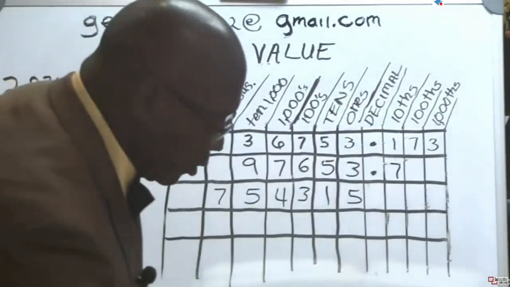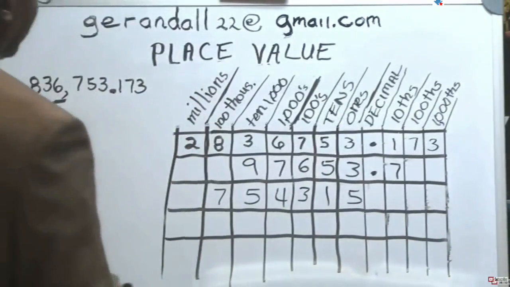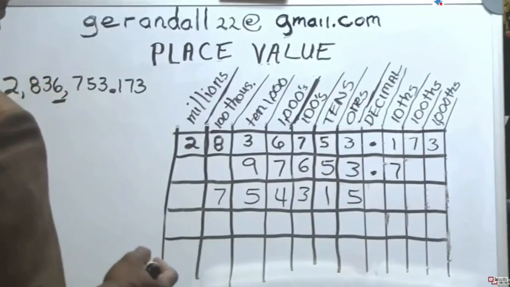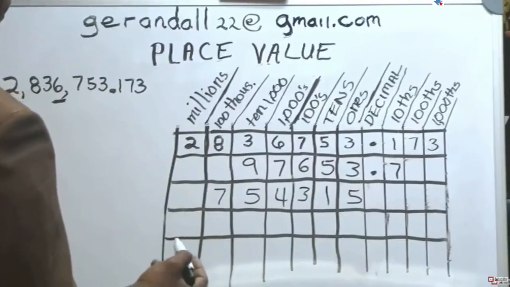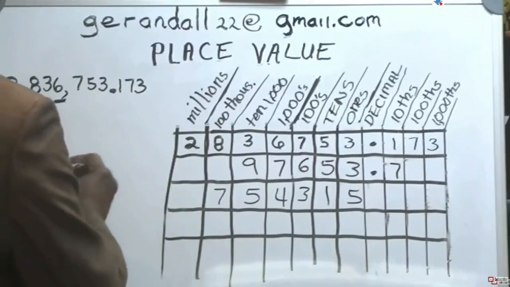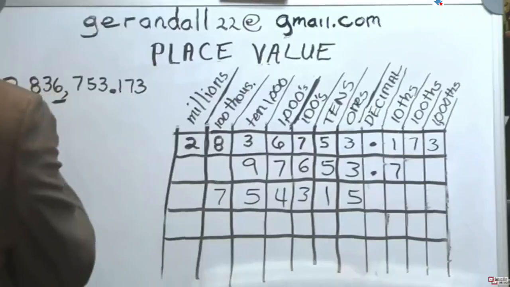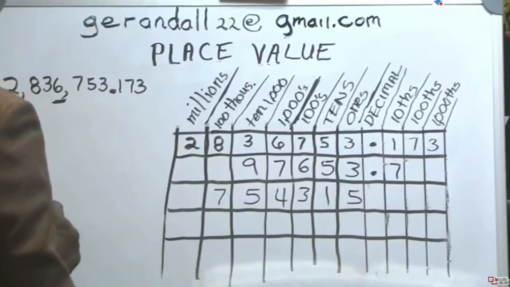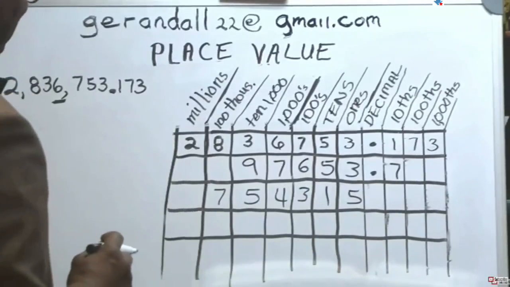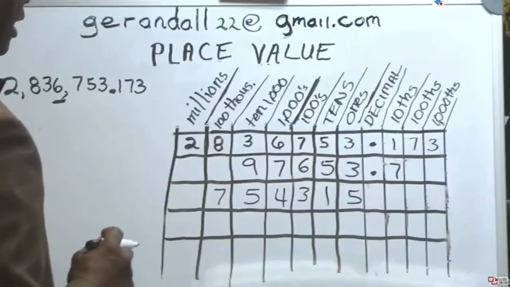Now, you heard me mention expanded form. There are going to be opportunities where you may have an assignment where, again, you have this 2,836,753 and 173 thousandths.